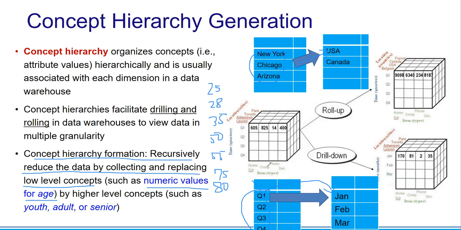Then I can separate them. The persons who are lower than 30, we call youth. The persons between 35 and 60, we call adult. And the persons who are more than 60, we call senior. So this is another concept hierarchy generation.